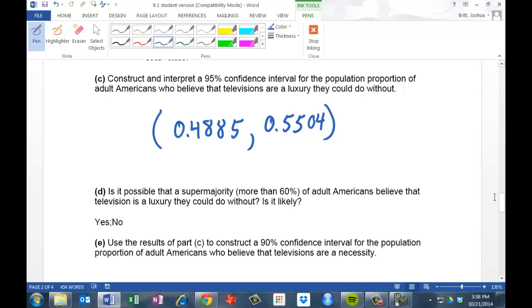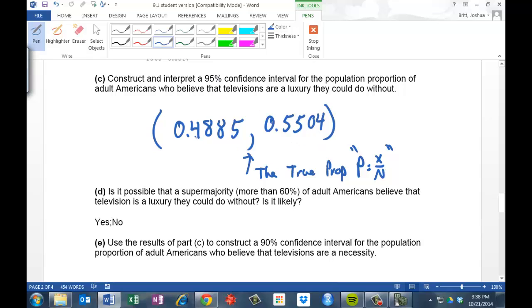Okay, part D, is it possible that a supermajority, more than 60% of adult Americans believe that television is a luxury they could do without? Well, this interval says that we are 95% confident that the true proportion, that we call x over n, capital N. We are 95%.